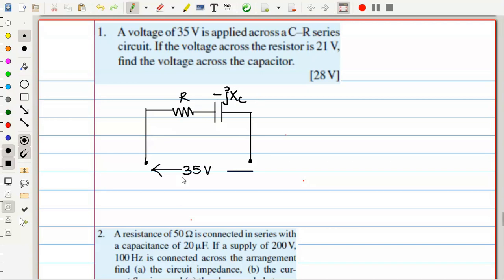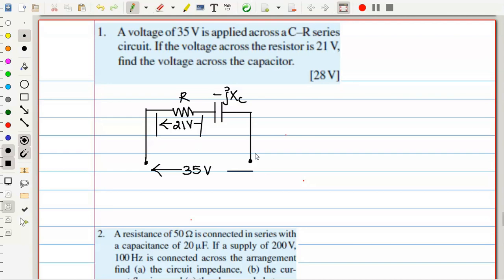They clearly stated that the voltage across the resistor is how much? Tell me. Across the resistor, this is 21 volts.